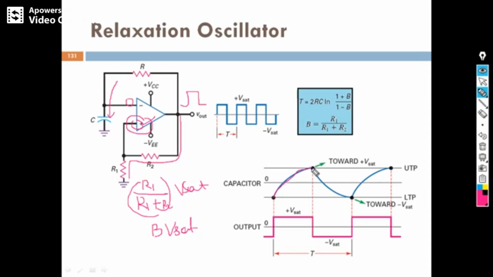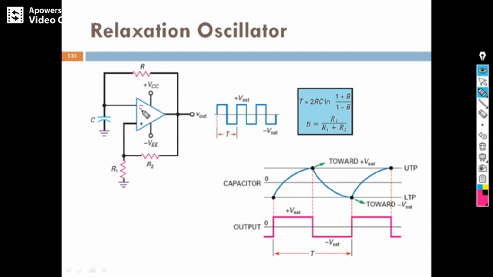When the voltage at the capacitor, or the voltage at this terminal, is greater than this B Vsat, that means now this one will become greater than this one. That means the output will be minus Vsat.